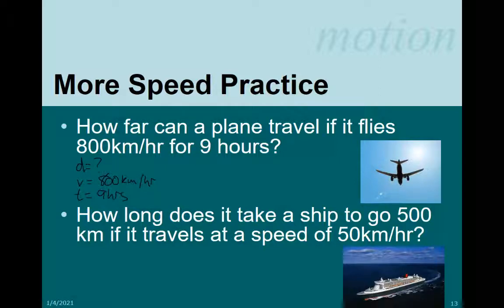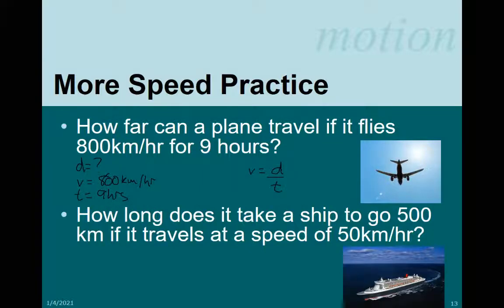So when we do this, we can set up our equation. Velocity is equal to distance over time. In this case, we're going to solve for distance. So d equals vt. We take our velocity and time, and that should make sense because then we can get our hour units to cancel and leave us with just kilometers.